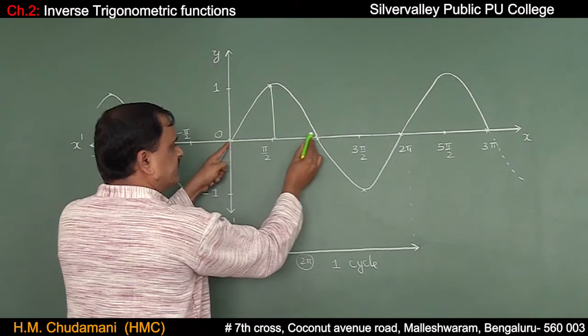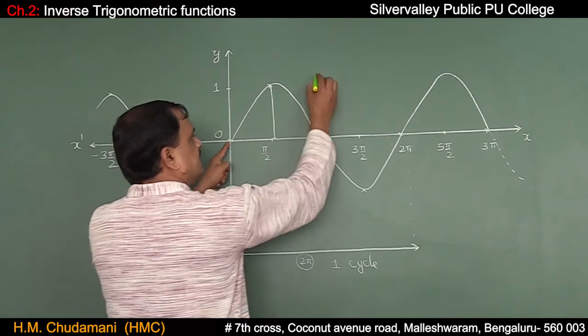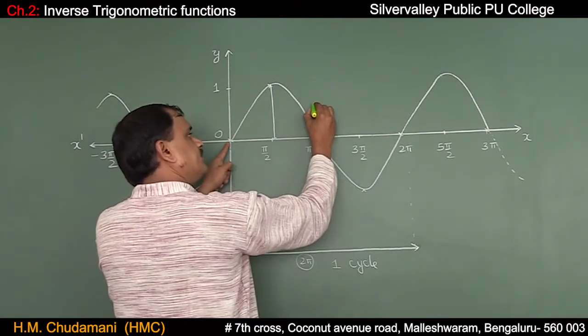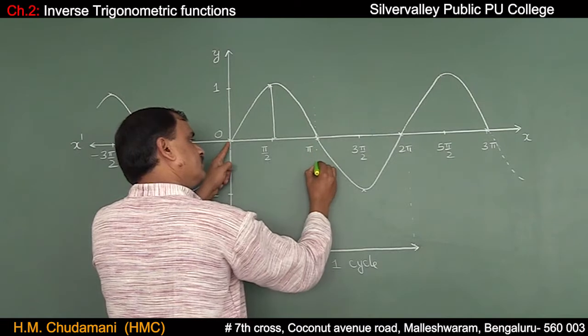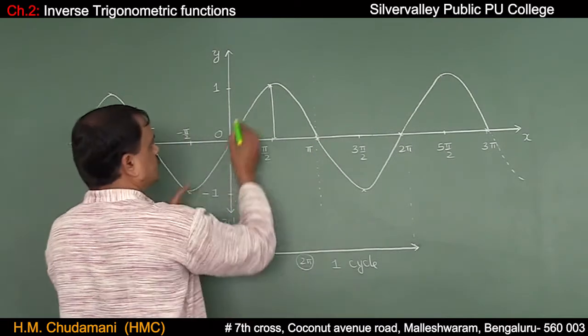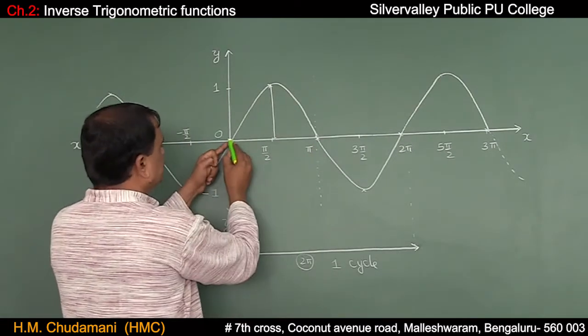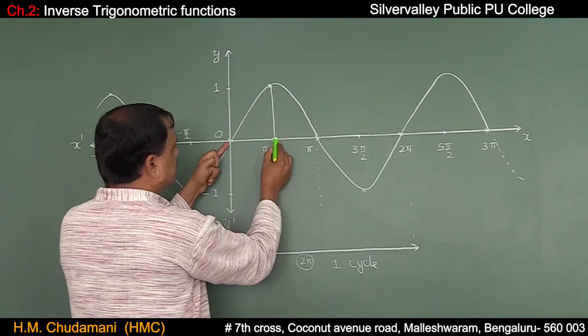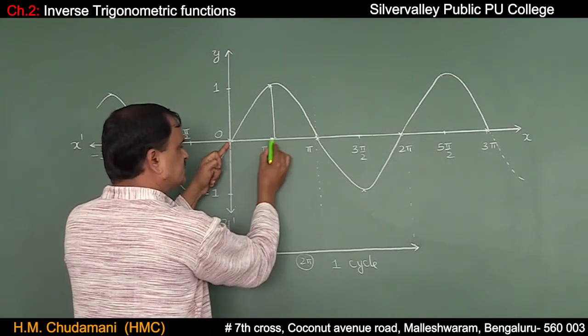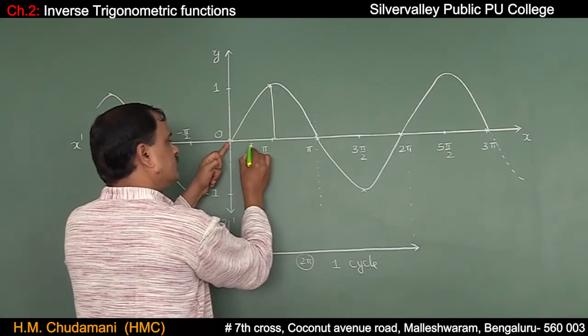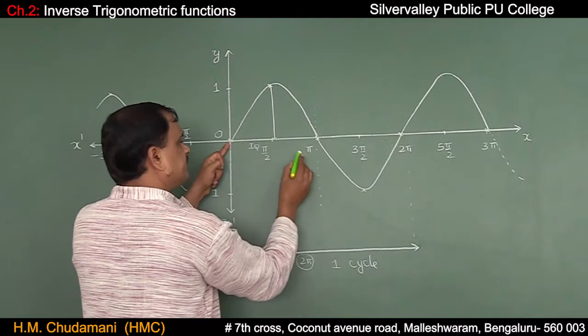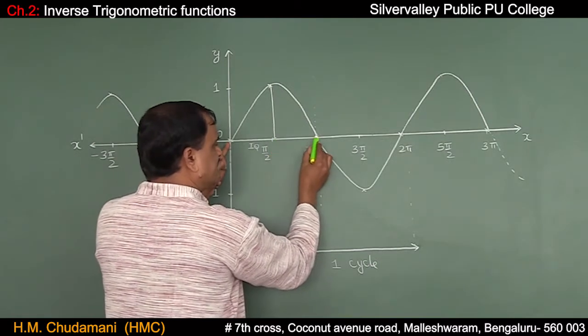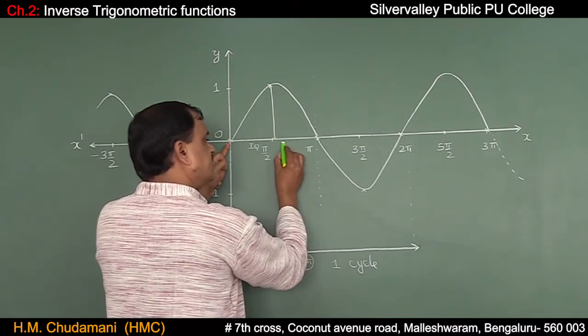So now, if I consider 0 to pi, see, 0 to pi by 2, this is the first quadrant. Pi by 2 to pi, that is the second quadrant.